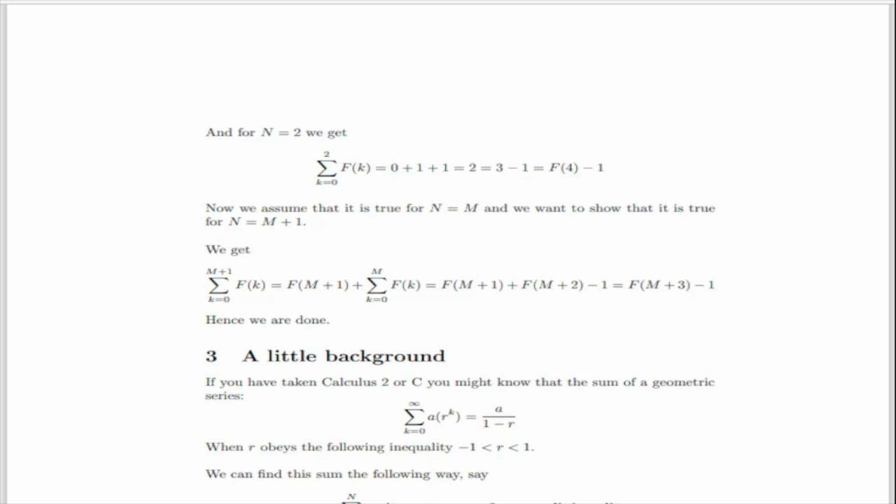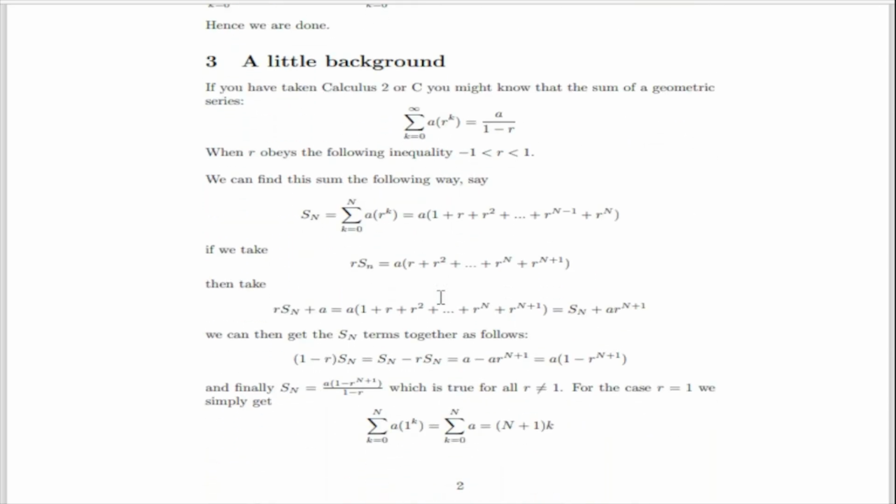And since we know by induction that for n equals m, the sum equals f of m plus 2 minus 1, then we get f of m plus 1 plus f of m plus 2, all minus 1, which by the definition of the Fibonacci sequence, 2 successive Fibonacci numbers added together gives the next one. So f of m plus 3 minus 1, which is m plus 1 plus 2. Hence, we are done.